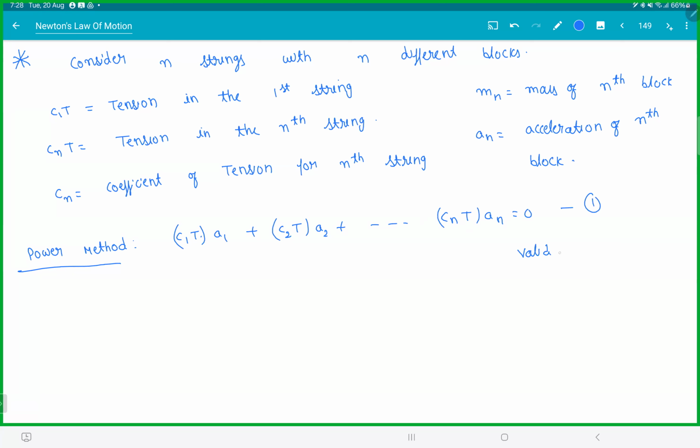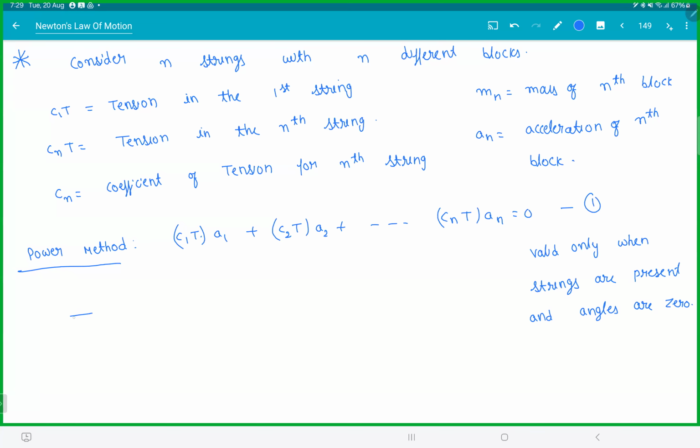Remember, this is valid only when only strings are present, and tension is parallel to acceleration, and angles are 0.